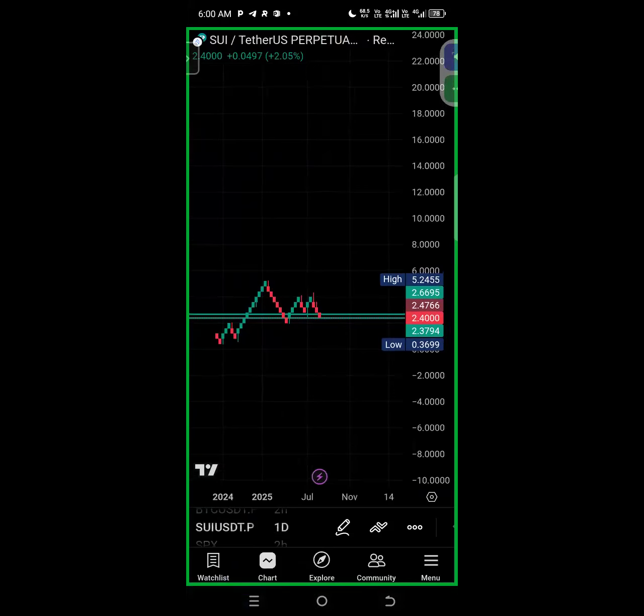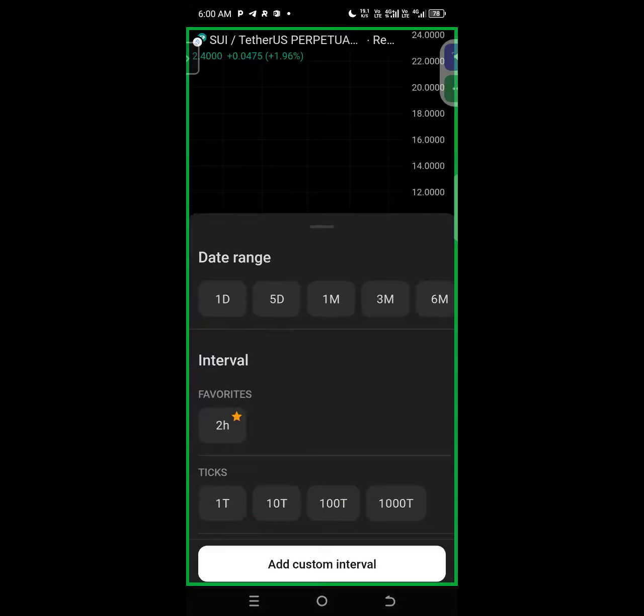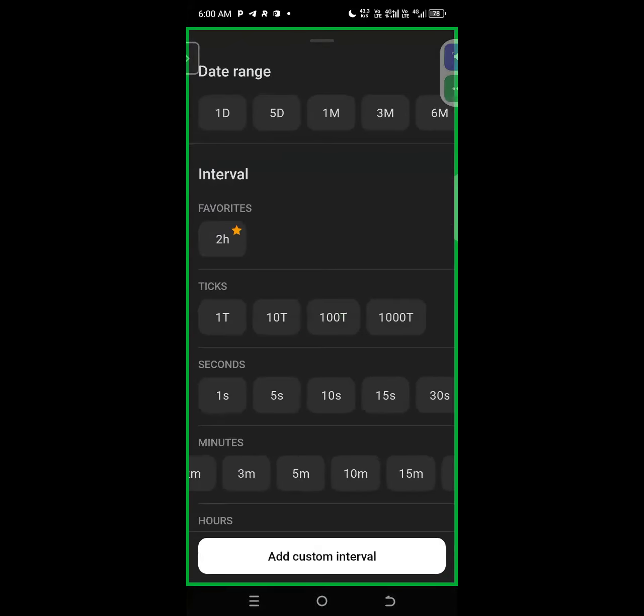Renko gives you exactly how the price forms on a chart, just like a candle. You get it? So if you are using Renko, that is it.